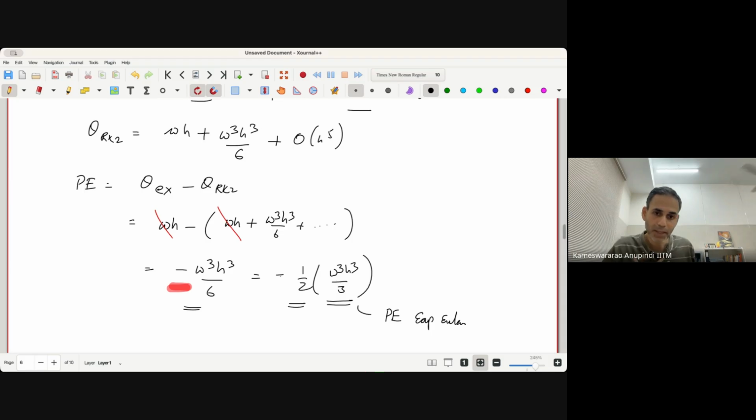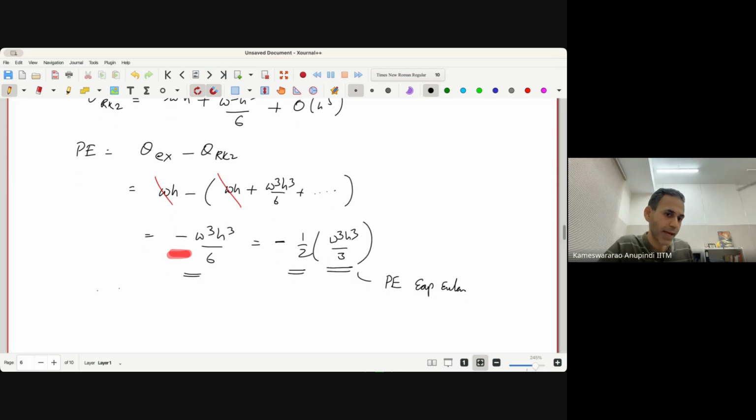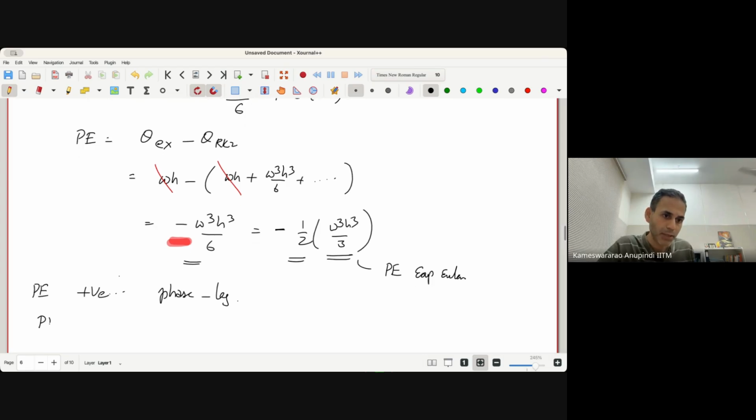But then we see that there is a minus here rather than a plus. Earlier we said that explicit Euler, implicit Euler and the trapezoidal method, these three methods, had some omega cube h cube by some factor, but they always had a plus value. When we had a positive value for the phase error, we said these methods are phase lag methods, whereas when the phase error is negative, we say that this particular method has a phase lead.